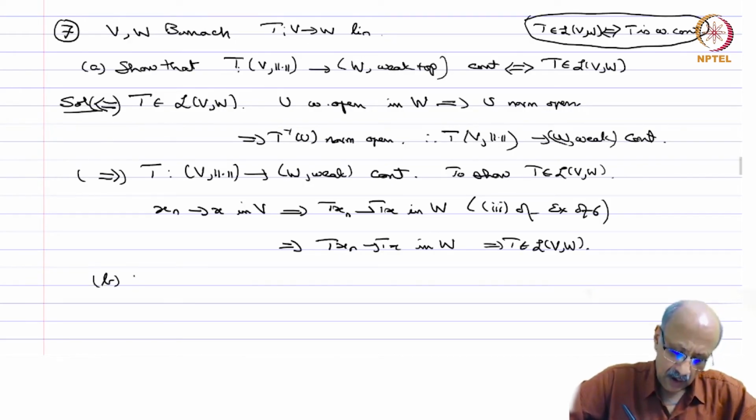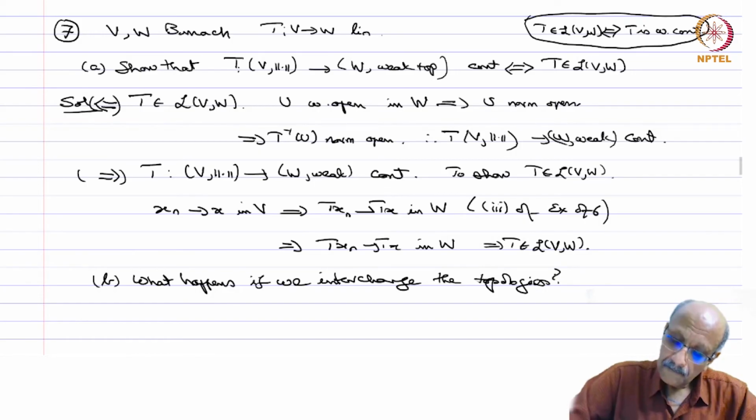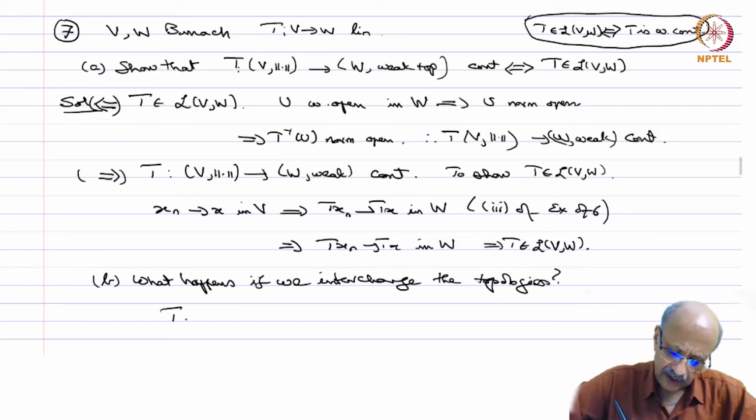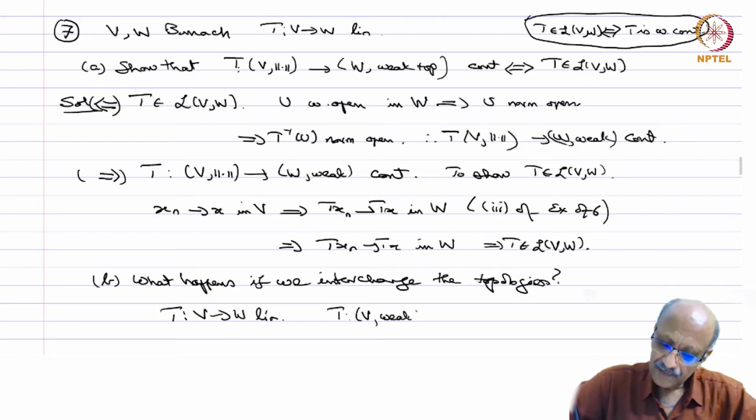B. What happens if we interchange the topologies? So let us take T from V to W linear and T from V weak to W norm continuous.